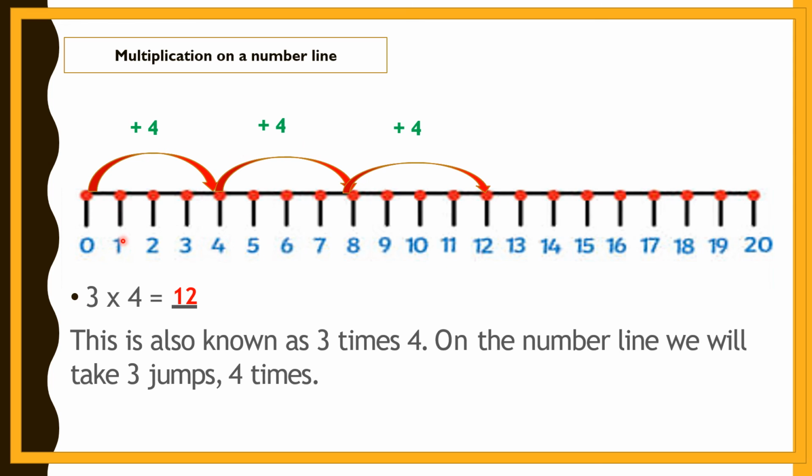So 1, 2, 3, 4. Then this is one time. Now the other one. 1, 2, 3, 4. Now the other one. 1, 2, 3, 4. Which number did I arrive at? I arrived at number 12. So 3 times 4 is 12. This is the simplest method, students.